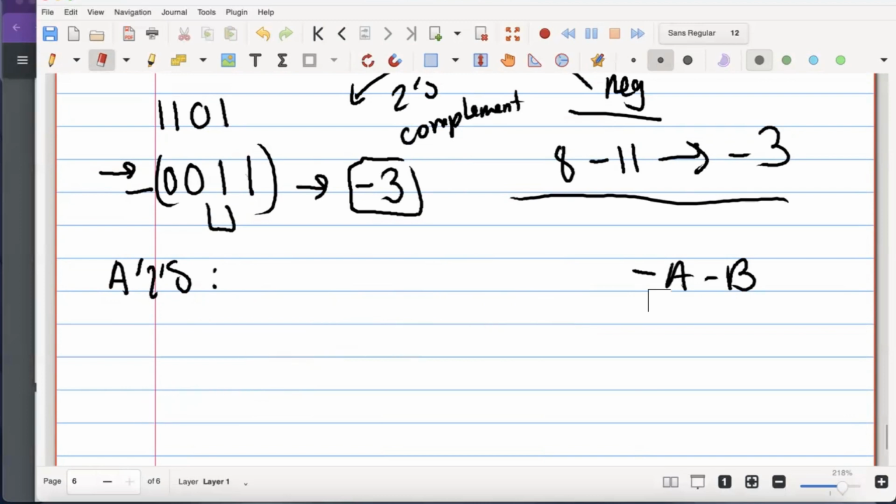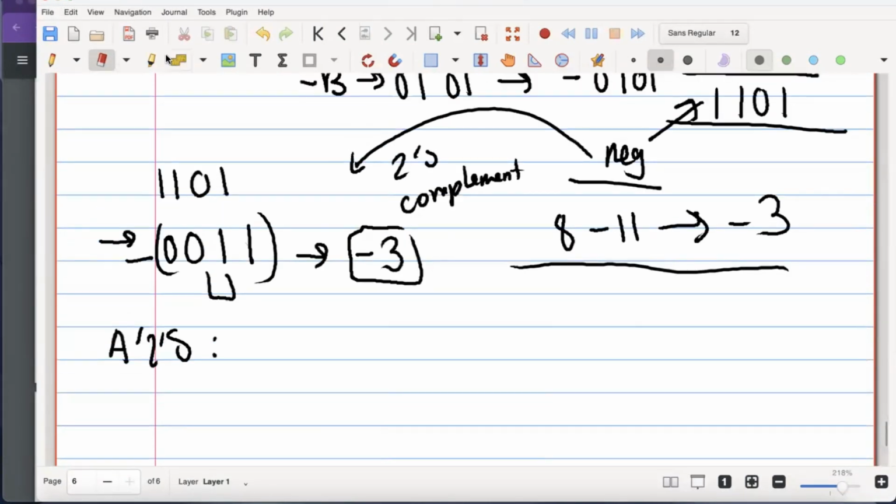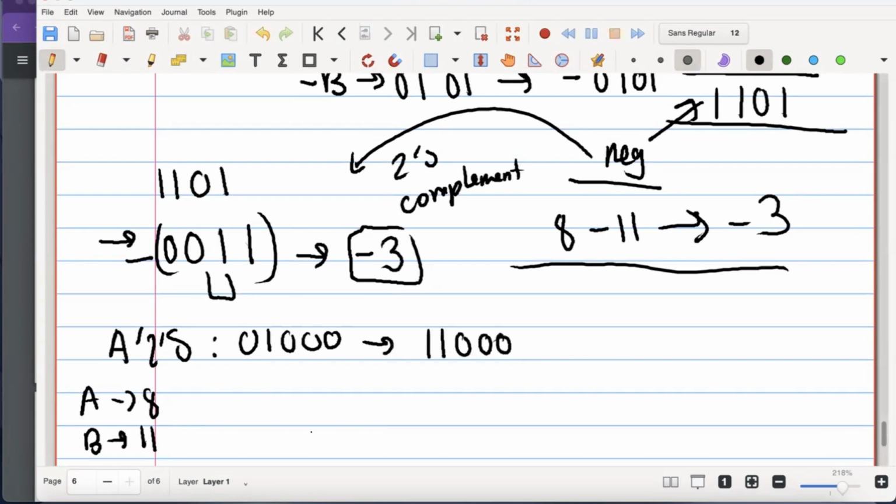It doesn't affect the calculation above because that's correct. But I'm gonna keep A to be 8. So A is 8, B is 11. But we're working in 5 bits. So 8 is now 0, 1, 0, 0, 0. We're taking the 2's complement of this, which is now 1, 1, 0, 0, 0.